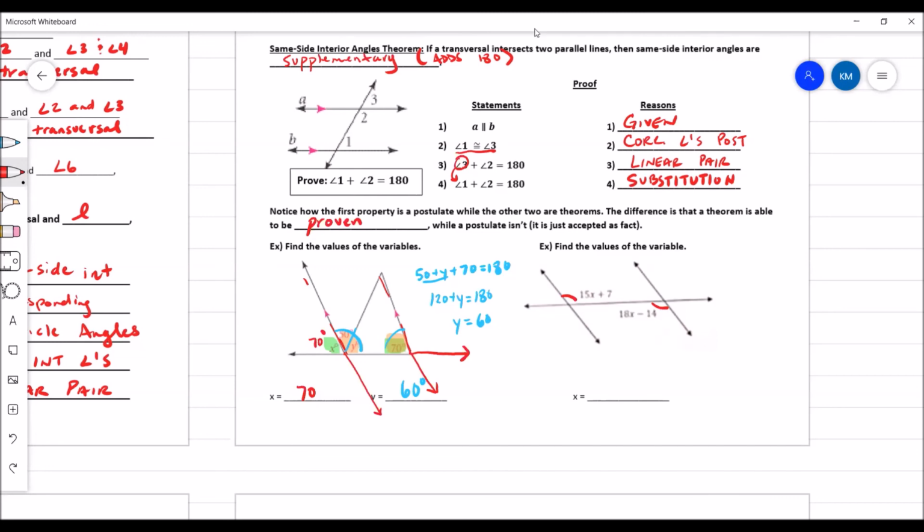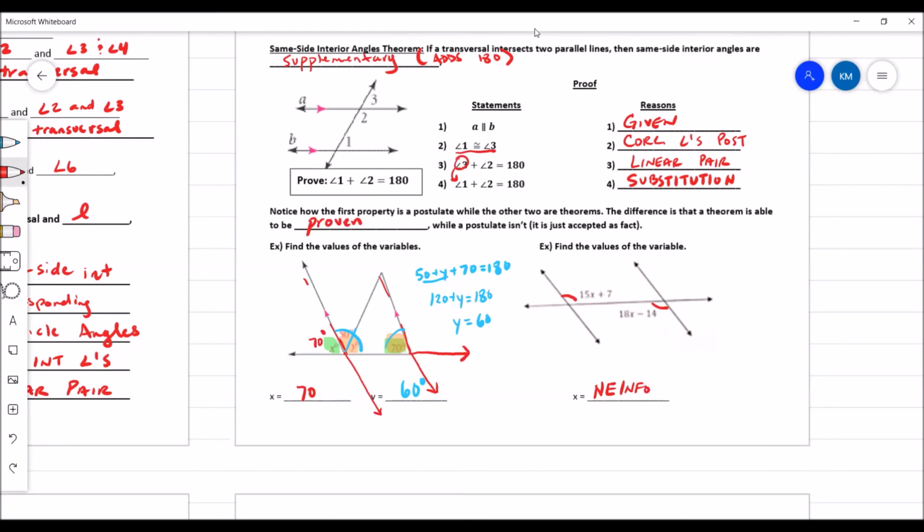In this diagram, you'll notice that they give us two lines that appear to be parallel, but they don't tell us. Okay, and so we cannot solve this as it is. Not enough information. They need to tell us that these are parallel in order for us to solve them.